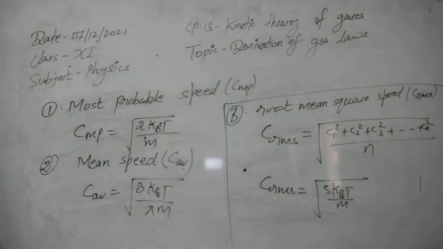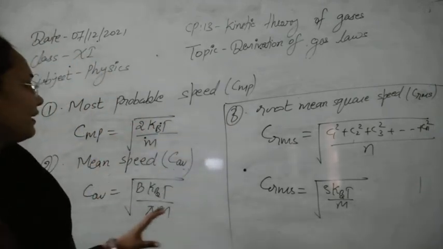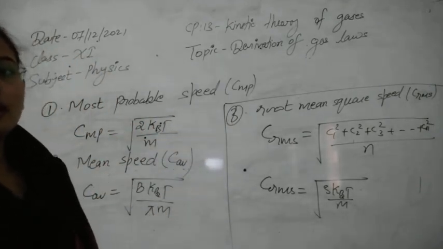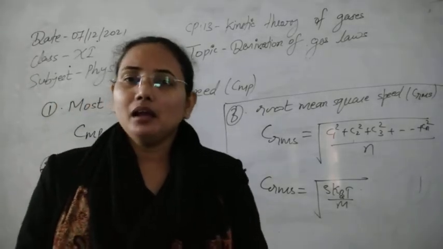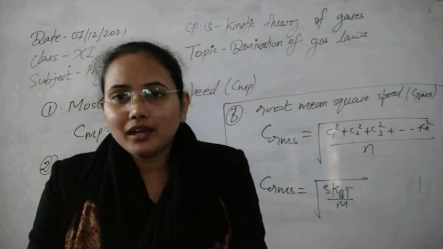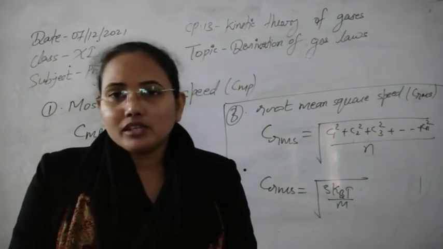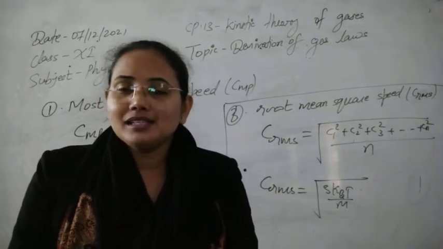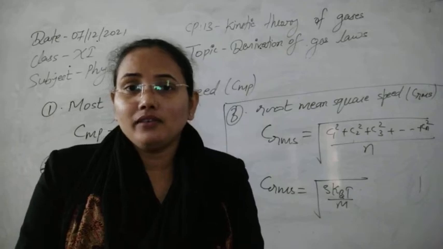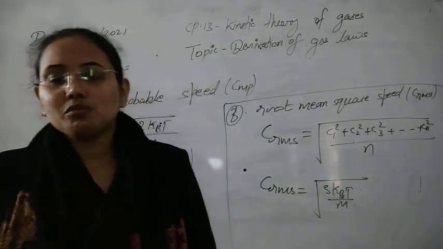So these are now all three types of speeds of the molecules that we are always seeing, or calculating, for the different gas molecules, for the understanding purpose, to study their behavior, for the derivations of the gas laws. Also whenever we are seeing their kinetic energies, their conversion of energies into another form, for all these only these speeds we are taking.